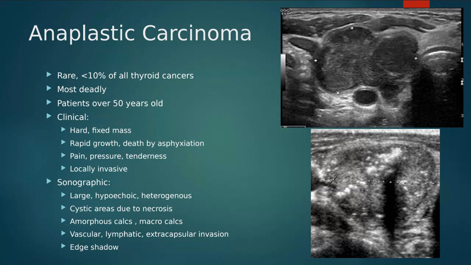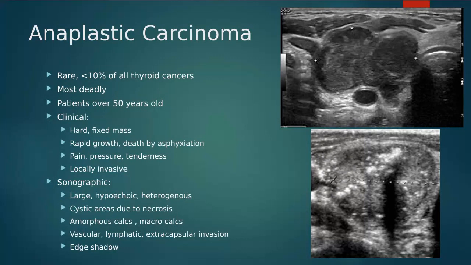On ultrasound, they're going to be very large, hypoechoic, heterogeneous. We could see calcifications. We're going to see it supervascular. We're going to see invasion into those vascular vessels. So we can see the tumor actually spreading into the carotid and into the jugular. We're also going to see it spreading into the lymph nodes, into the surrounding soft tissues of the neck.